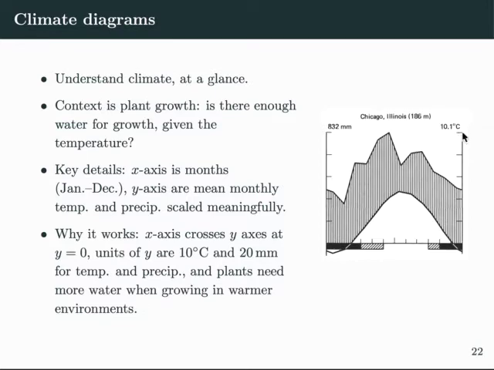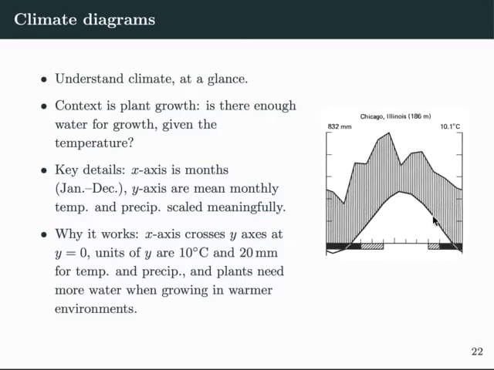All right, so temperature. The units of precipitation were 20 millimeters; the units of temperature are in 10 degrees Celsius marks. We start with 0 degrees Celsius, which is freezing, then 10, 20, 30, 40 degrees Celsius, and the like.